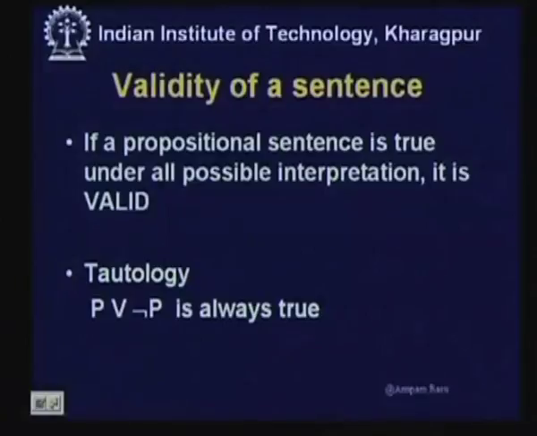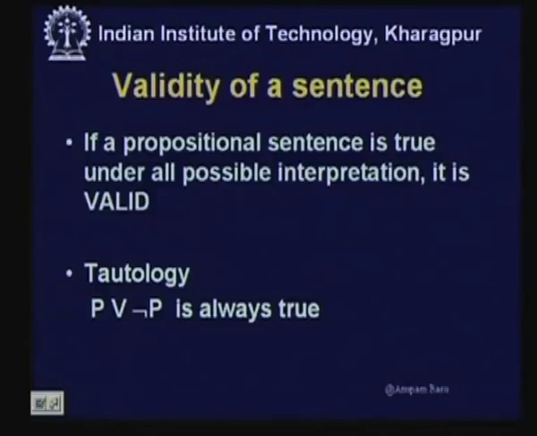Okay? Now a typical example is, say, P or not P. Now P can be true. If P is true, then not P will be false. But we know that in an or connector, in P or not P, if any one of them is true, it will be true.